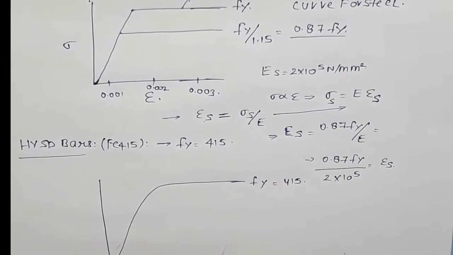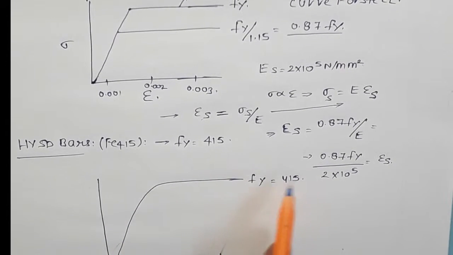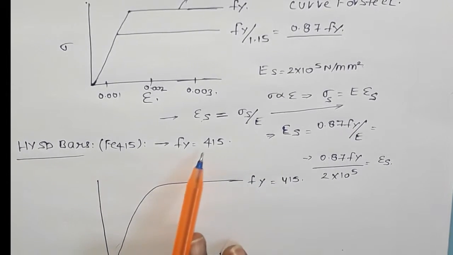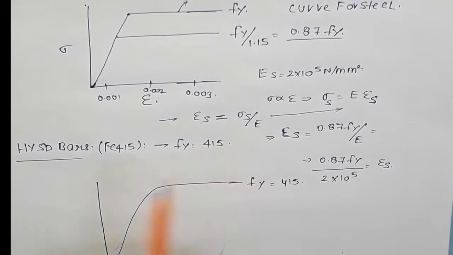In the same way we are going to draw the stress strain curve for 415. For 415 also we have to draw a curve, and most frequently we are going to use this 415 in the construction of buildings.